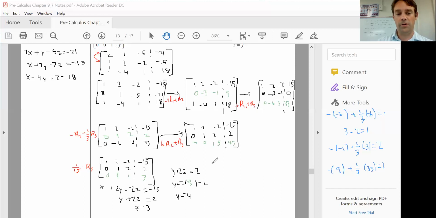And then our last one here, x plus 2y minus 2z equals -15. So x plus 2 times -4 minus 2 times 3 equals -15.